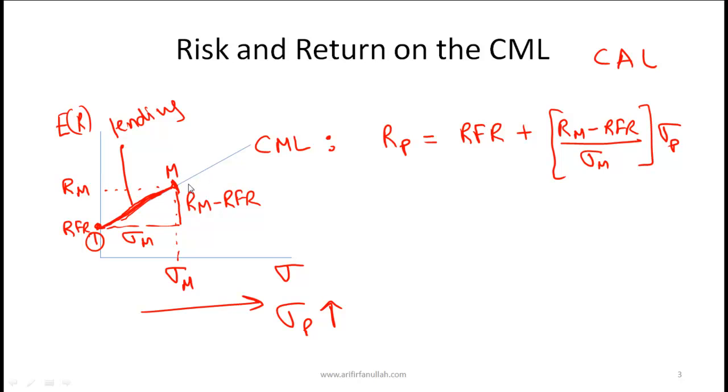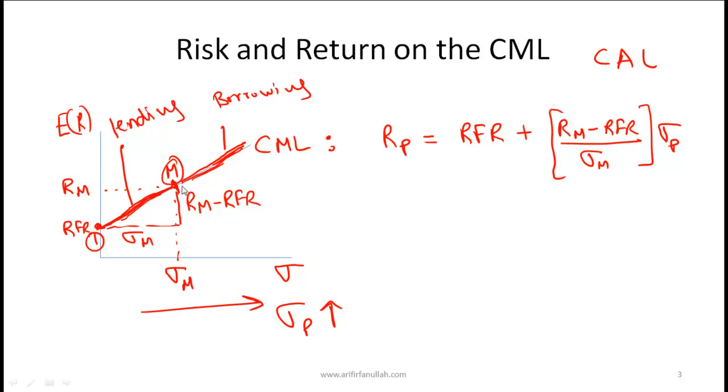Now, how do we get a return above the market return? This part of the CML line, which is above the point M, or above the market portfolio, the way you can get a return above the market portfolio is by constructing a borrowing portfolio or a leveraged portfolio. So this part of the CML line is called a borrowing portfolio, because you are borrowing from somewhere.